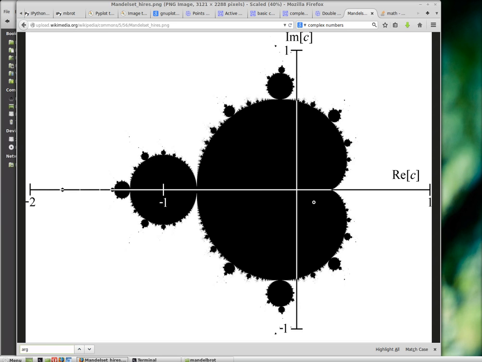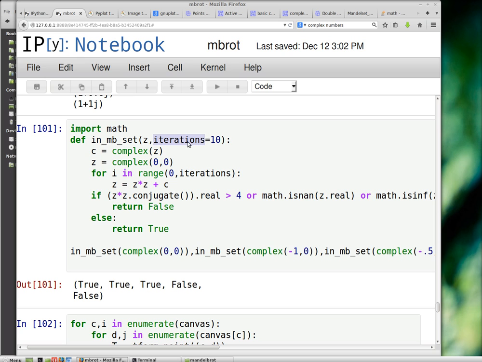But you're not really justified in concluding that it stays, because what if it takes 10 million iterations for it to finally go crazy and run off? So you have to decide how long you're going to watch it before you decide it's a goner. My default here is 10, and we'll probably see in a minute that it should be higher than 10, but anyway, 10 is reasonable.